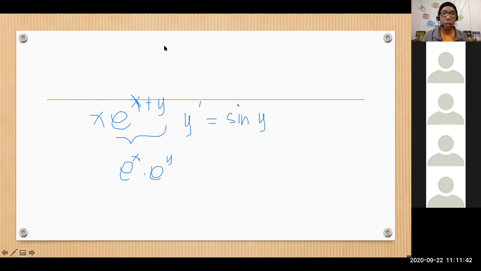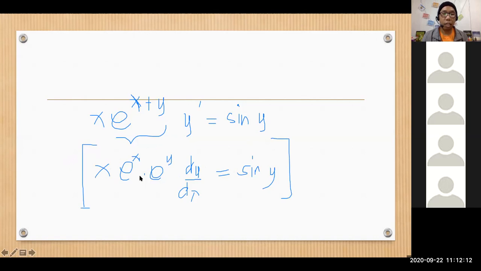So, paano yun, sir? Sige. Ito, so ang nangyari dyan, itong y prime is dy over dx, di ba? So, dy over dx is equal to sine of y, ito naman pure function of y. Tapos meron kang x dito. Tapos ito purong function of x. So, ang gagawin lang natin, cross multiply.